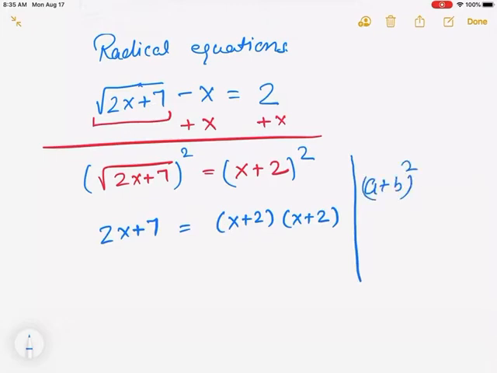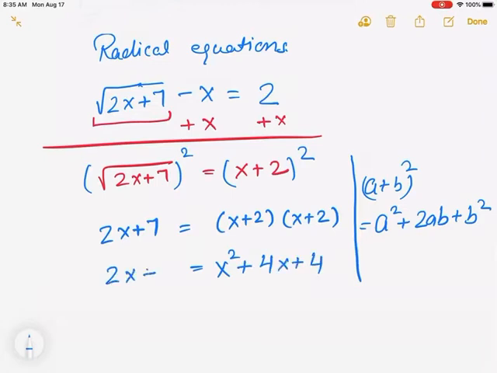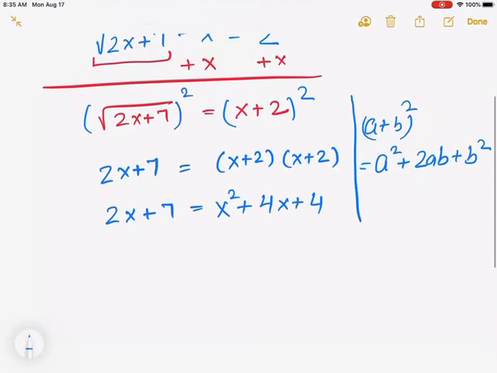Anytime there's a binomial squared, this is how we expand it. It's a squared plus 2ab plus b squared. If I follow that, it would be x squared plus 4x plus 4. If you don't like that shortcut, that's still okay. If you distribute, that would still give you the same answer.